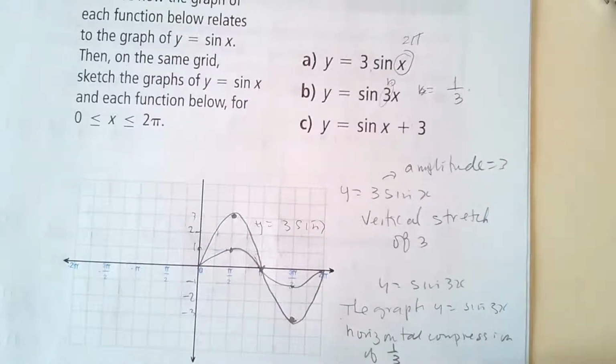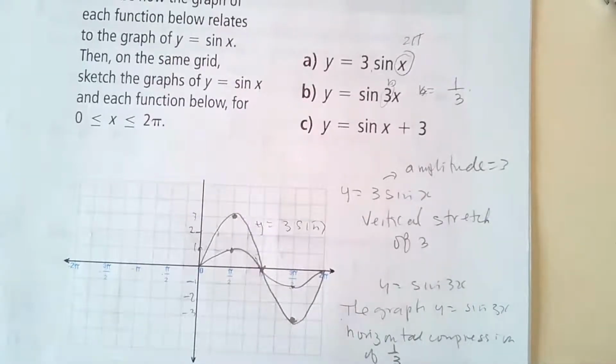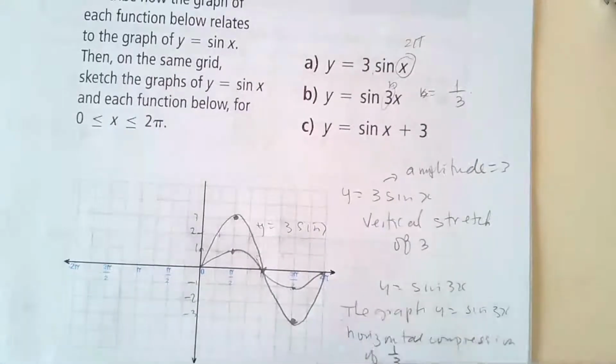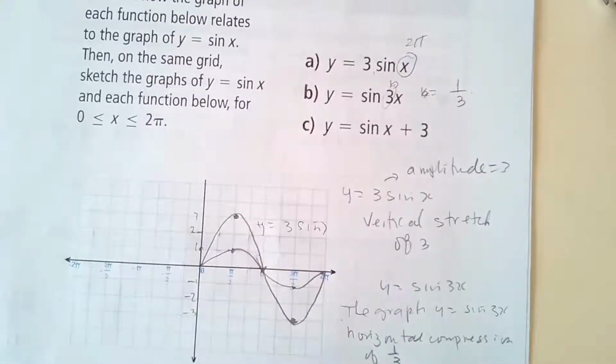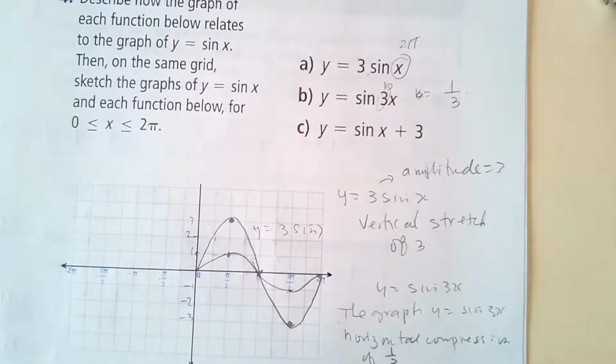So you can find the period by 2 pi over b, which is 2 pi over 3. So now the period is 2/3 pi. Instead of having a full 2 pi as the period now, it's actually 2/3 pi, because it is 2 pi over the value of b.